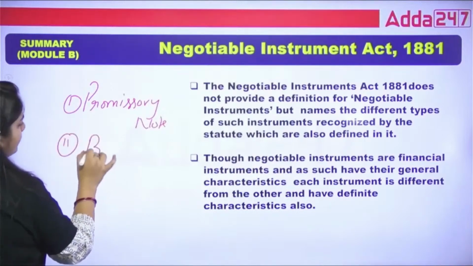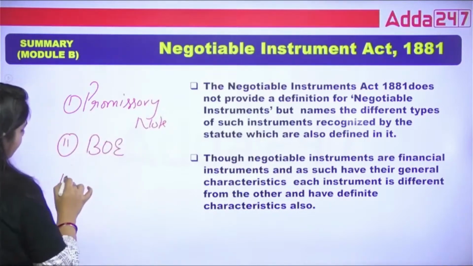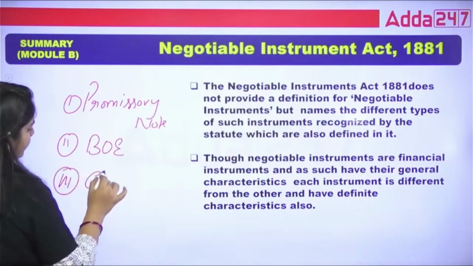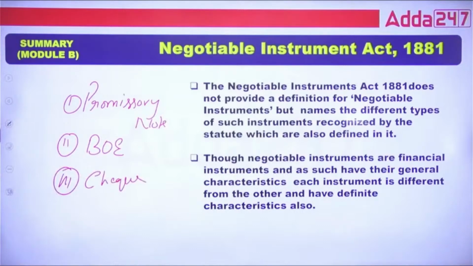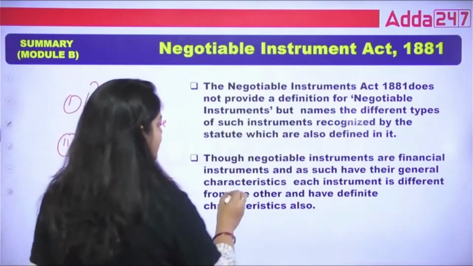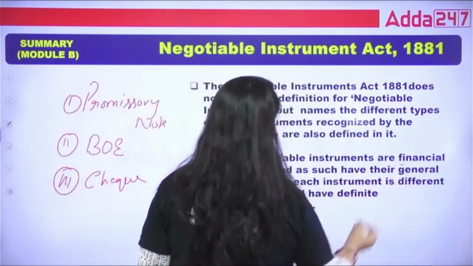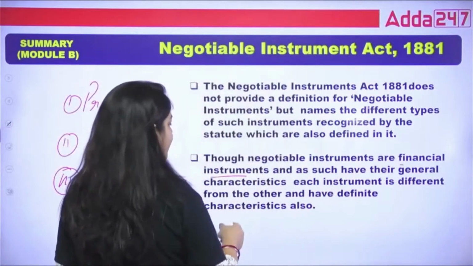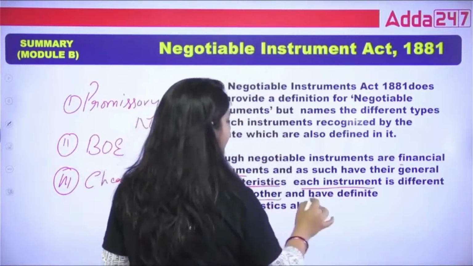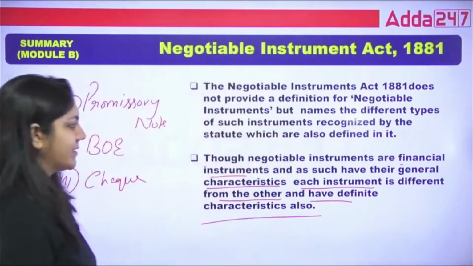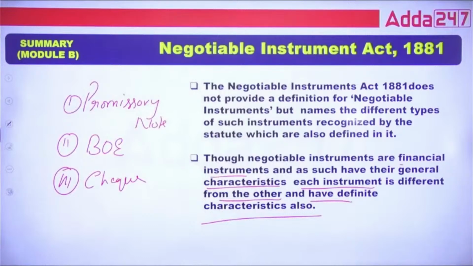Second is bill of exchange. And third is your check. So these are the names. Though negotiable instruments are financial instruments and as such have their general characteristics, each instrument is different from the other and has definite characteristics, as we know. Okay, this is very important.